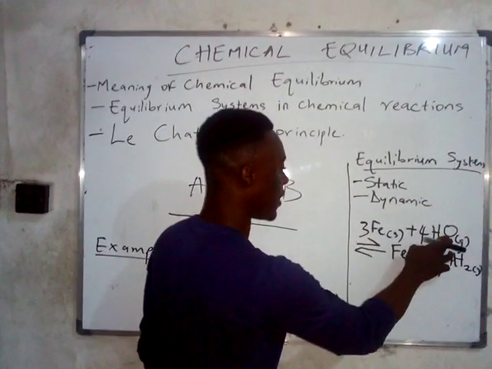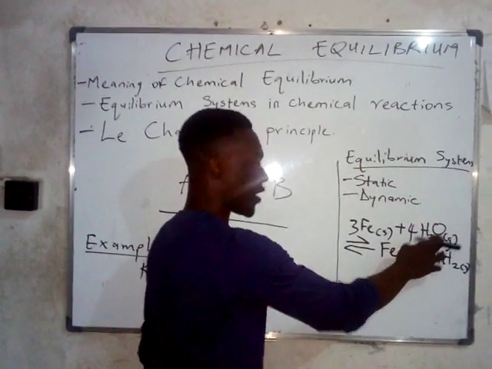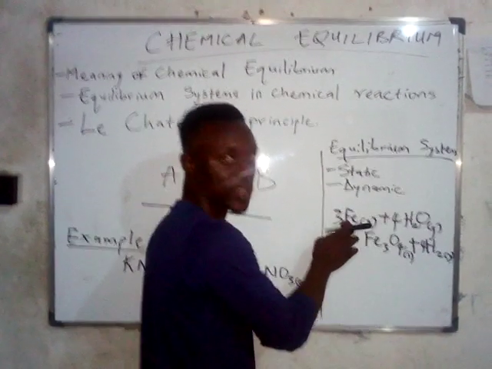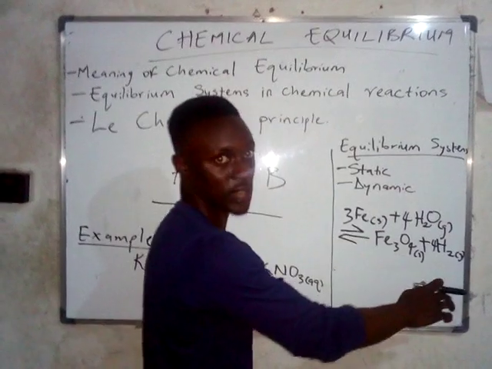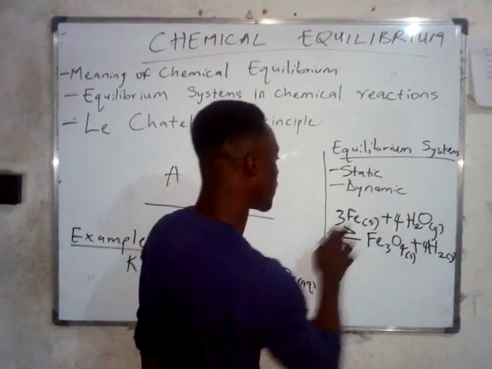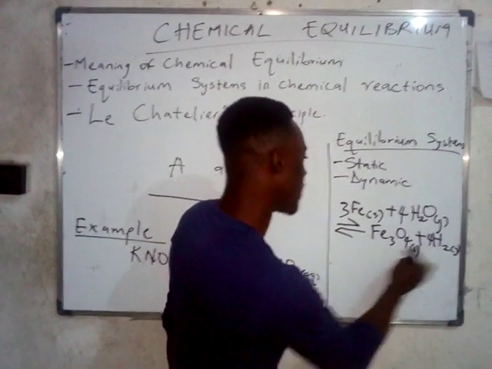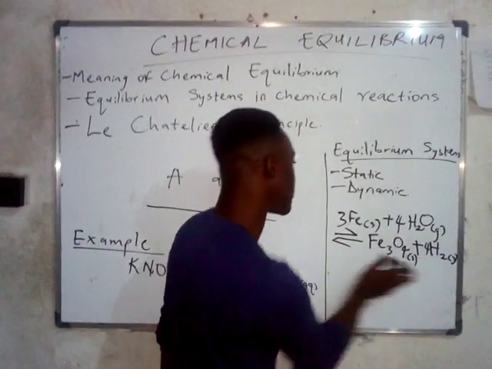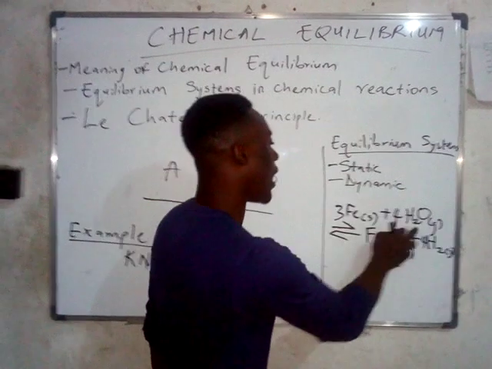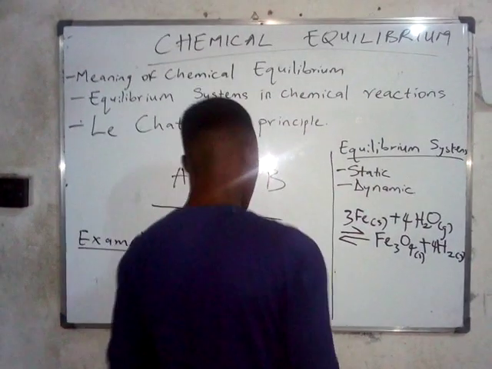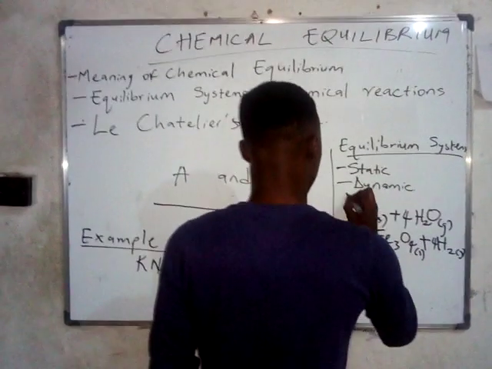This has to be heated to obtain steam, like water has to be heated to obtain steam, and this has to be passed over red hot iron in order to get the product you are looking for. So the forward reaction takes place at great heat, and also the backward reaction has to be done under hot conditions in order to get the iron and steam you are looking for. So this is for under the same conditions.